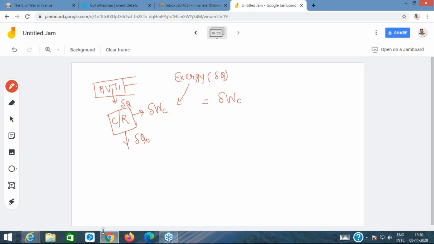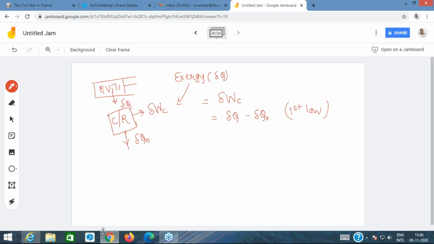And what is this from the energy balance? Del W is del Q minus del Q naught, from the first law of thermodynamics. Energy balance means energy balance, right? So the exergy associated with the small del Q would be del WC, which is del Q minus del Q naught.